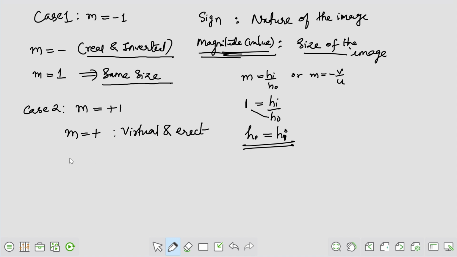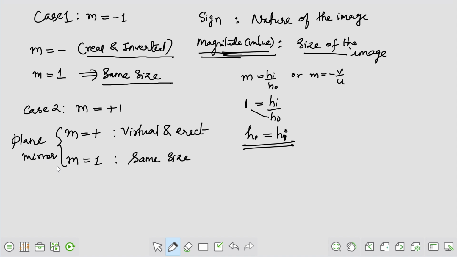So wherever you see 1, it means that the image is the same size. So magnification plus 1 indicates the image formed is virtual and erect and of same size. Can you tell me which mirror gives you a virtual and erect and same size image? Very good. Plane mirror. It is a plane mirror.